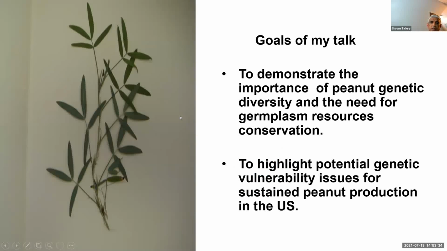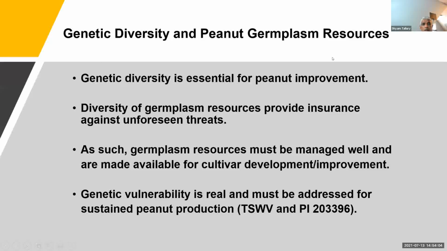The goals of my talk are to demonstrate the importance of peanut genetic resources, or the diversity available in them, and the need for their maintenance and conservation. The other aspect is to highlight the potential vulnerability issues for sustained peanut production in the US.